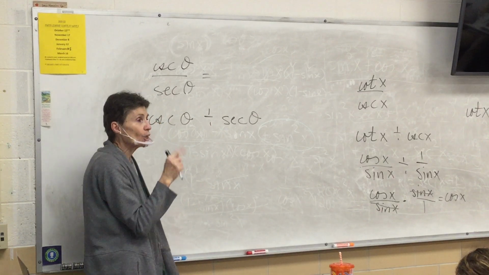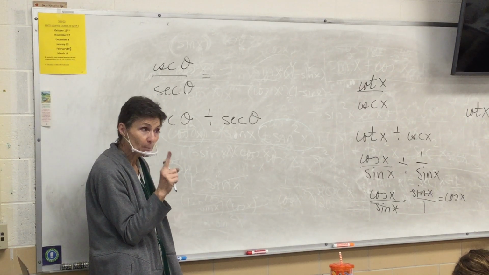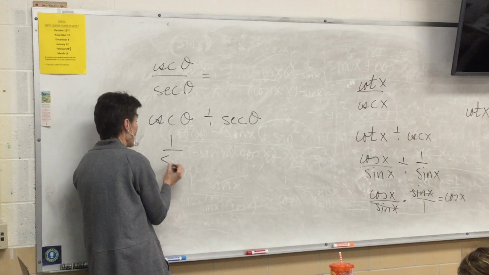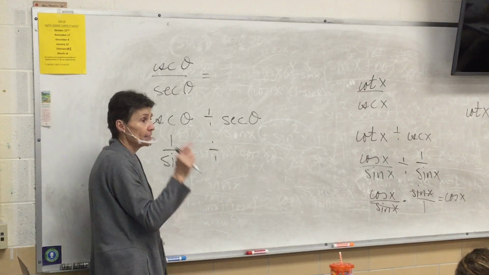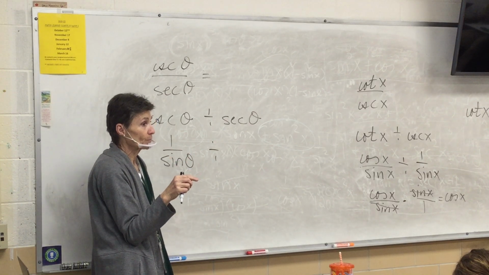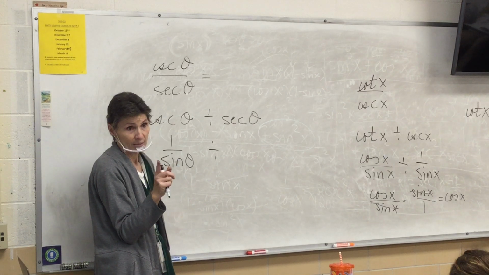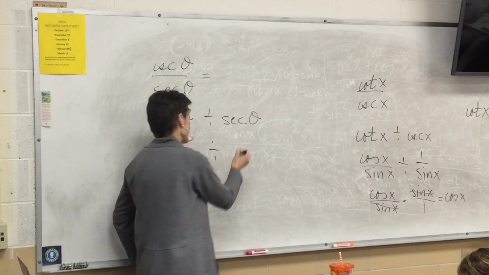What is cosecant? Well, it's the reciprocal of the sine, so it's 1 over sine. Cosecant is 1 over sine. And secant is 1 over cosine.